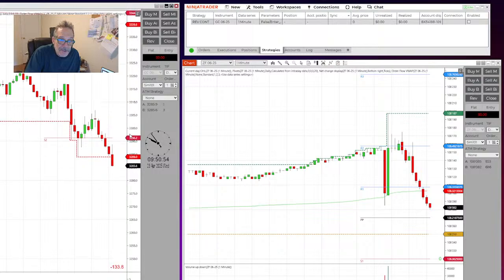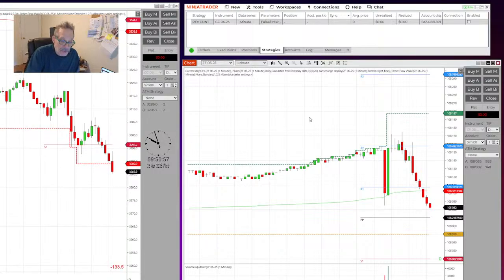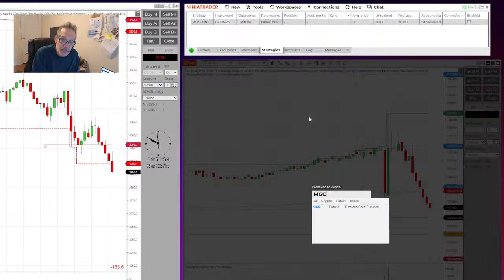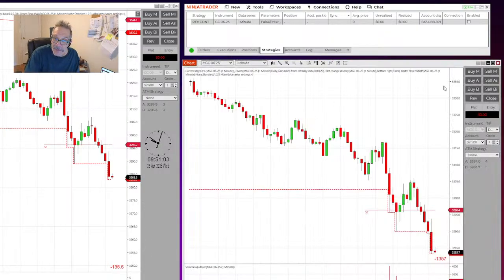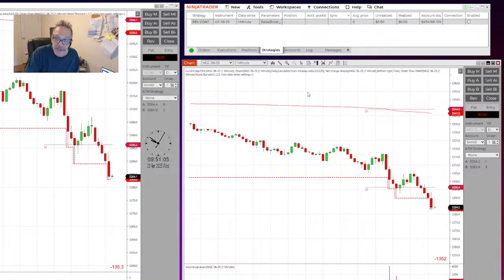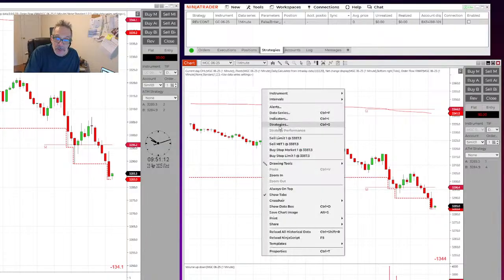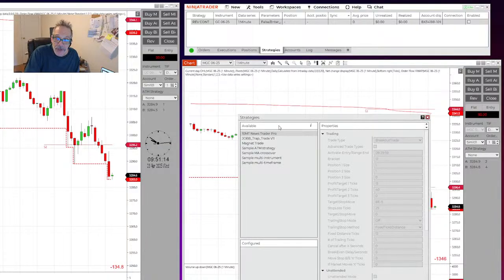How far is gold going to go? If you want to trade low risk gold, put MGC 0625 on, and you could do some reverse continuation trading using micro gold so you don't lose hundreds and hundreds of dollars if you get it wrong. Put that reversal continuation on.